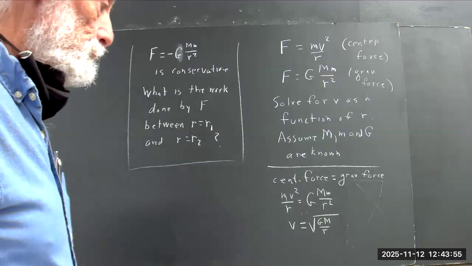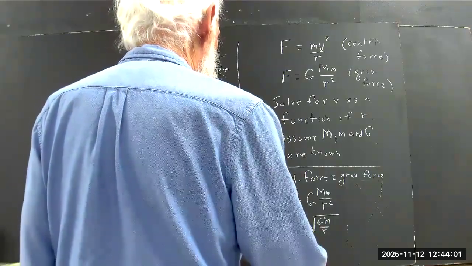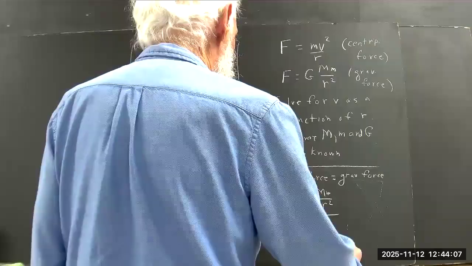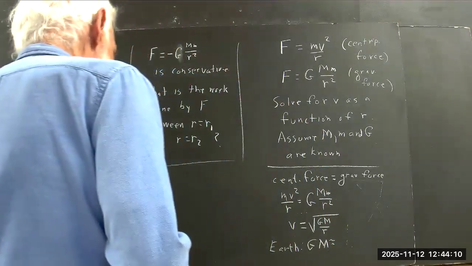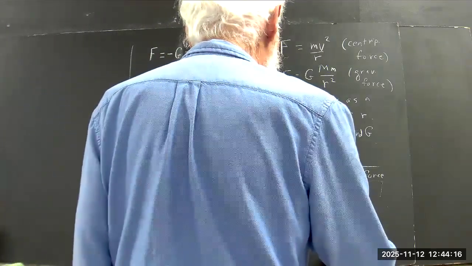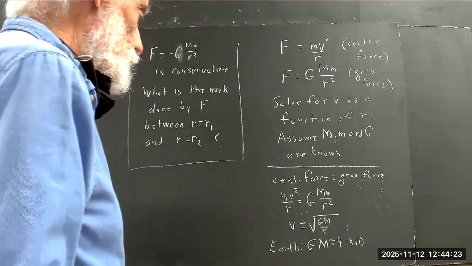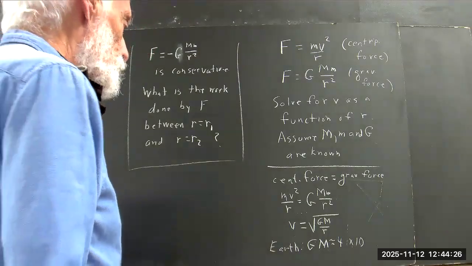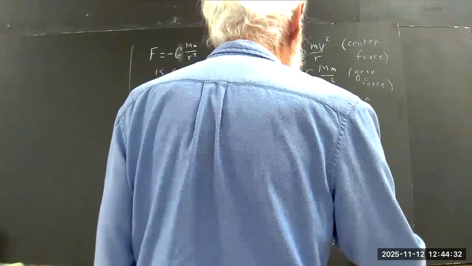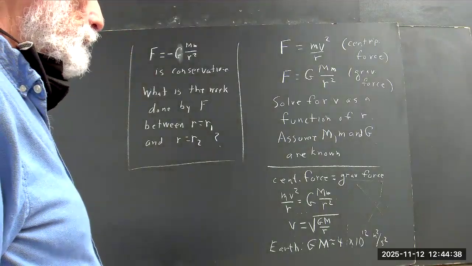For Earth, big G, big M is really pretty close to 4 times 10 to the 13th, I've got to be careful, meters squared per second squared.